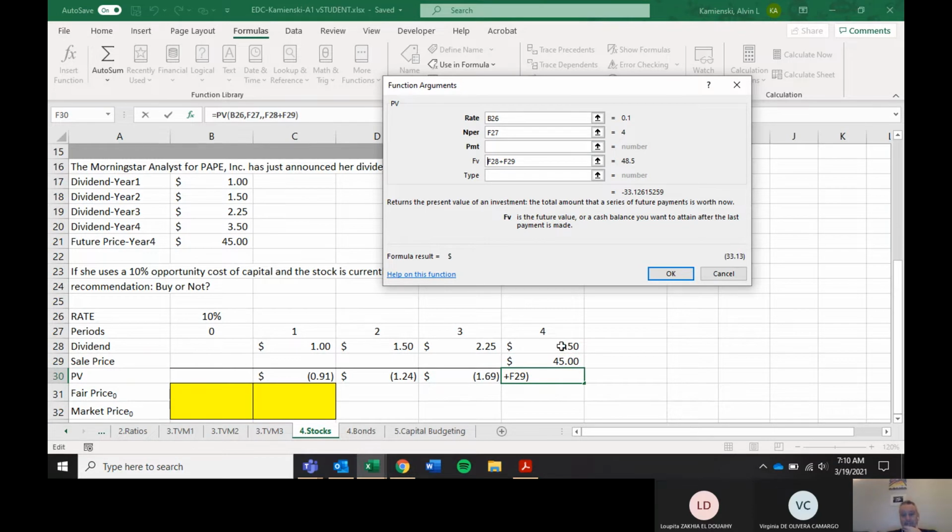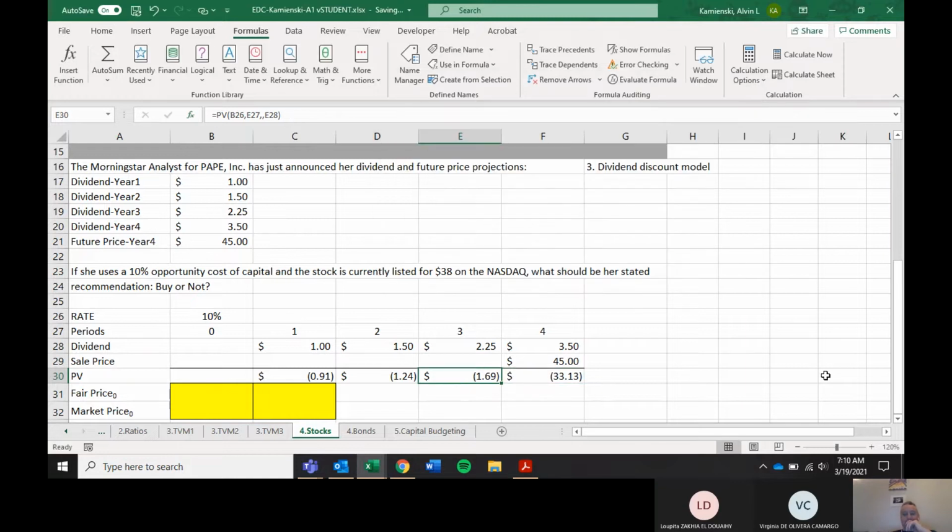So you'd get $48.50 total, which tells you then you should be willing to pay up to $33.13.